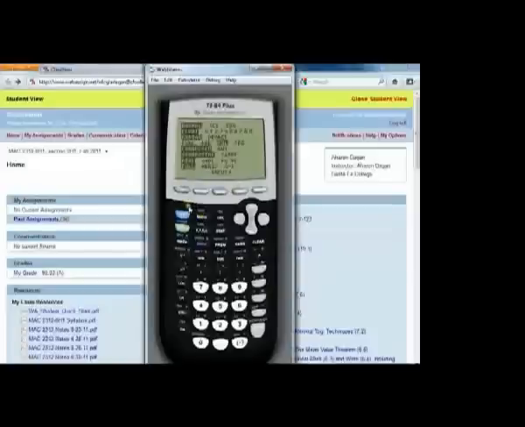So now we need to graph, so let's do 3 sine theta and graph it. It doesn't look good, but if I do zoom square, perhaps it will work. Somebody said circle, and that person is absolutely correct.